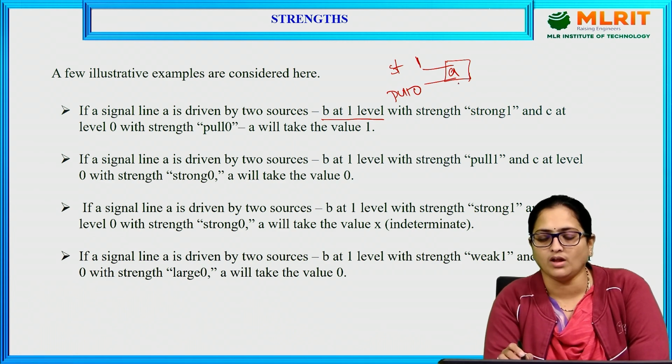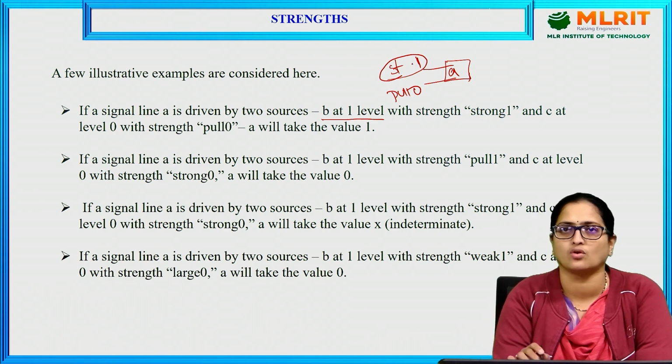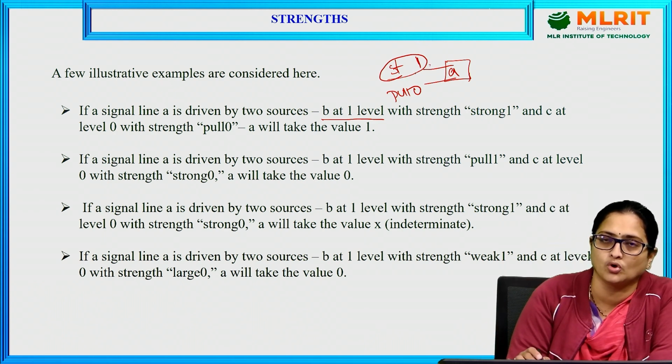So this A value will take strong 1 as its input, because the strength of strong 1 is higher than the pull 0.